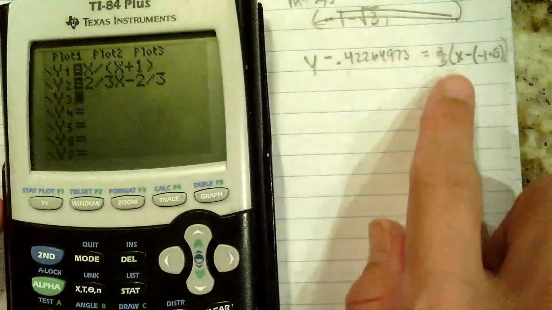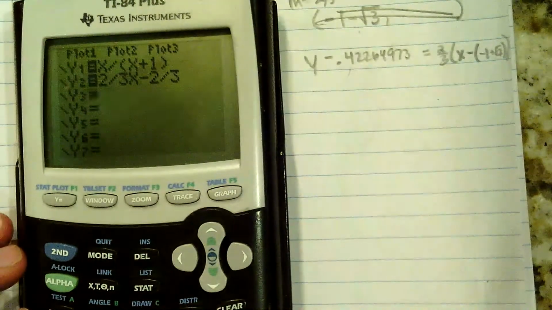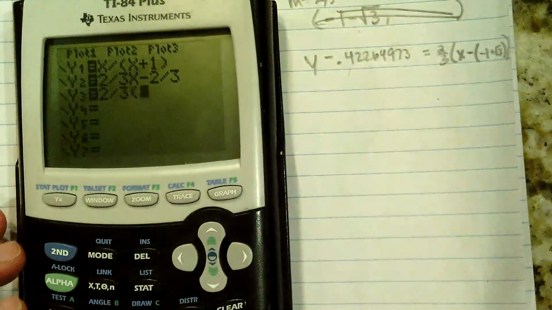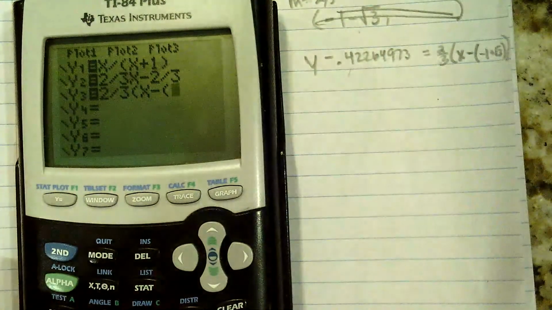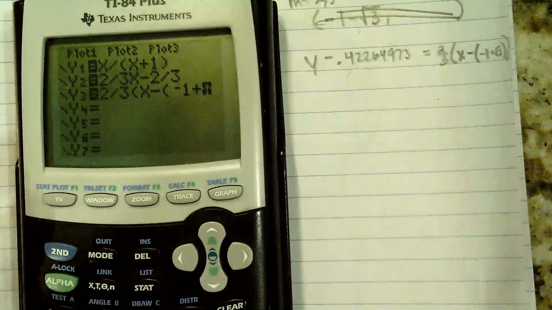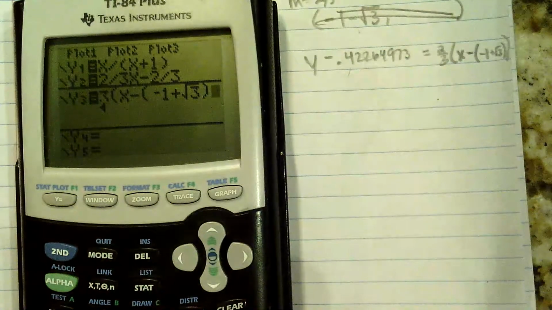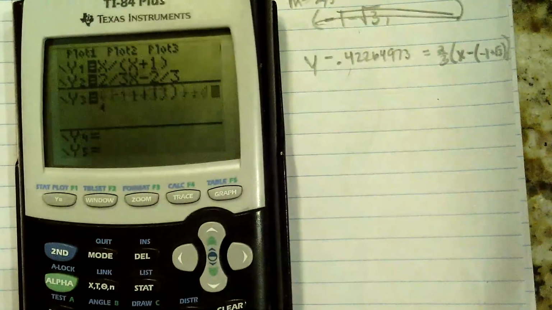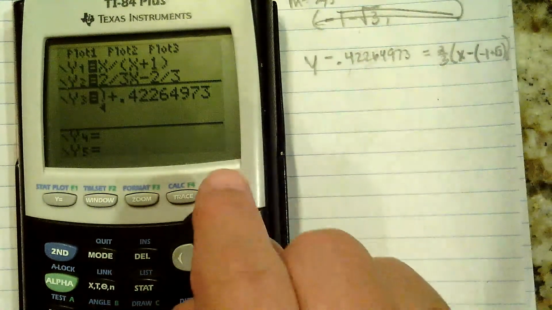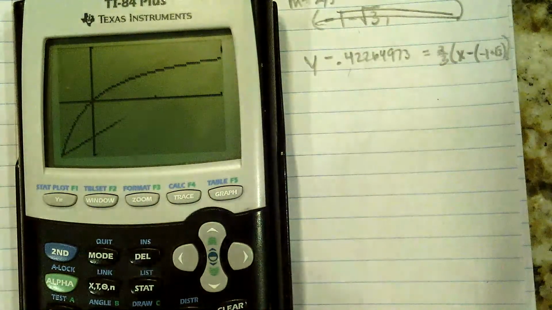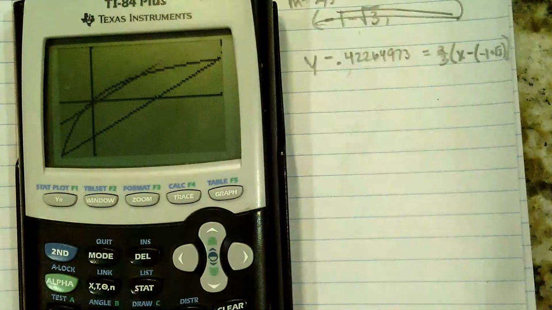So 2/3 parenthesis x minus, open another set of parentheses because you're subtracting this binomial x coordinate, negative 1 plus root 3. Close that first one, close the second one, and then add over the 0.42264973. And say a little prayer that this tangent line that's about to come up right now, oh no.